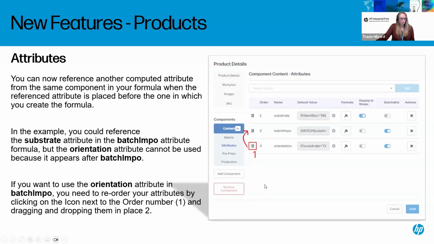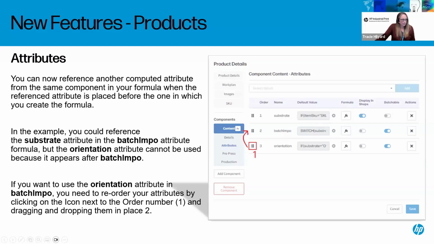You cannot reference that value in another formula inside the orientation attribute, or any other attribute for that matter. But with this new functionality, we've been able to enable the ability to change your attributes order in which the first calculation is done, and then the value from that calculation can then be referenced in another calculation.